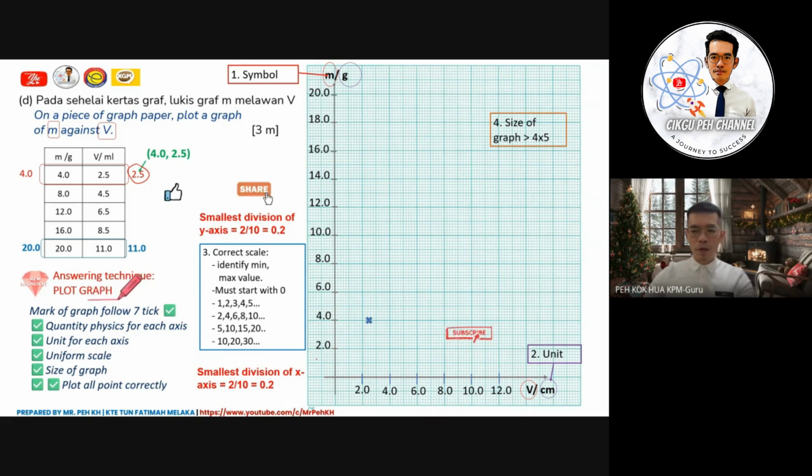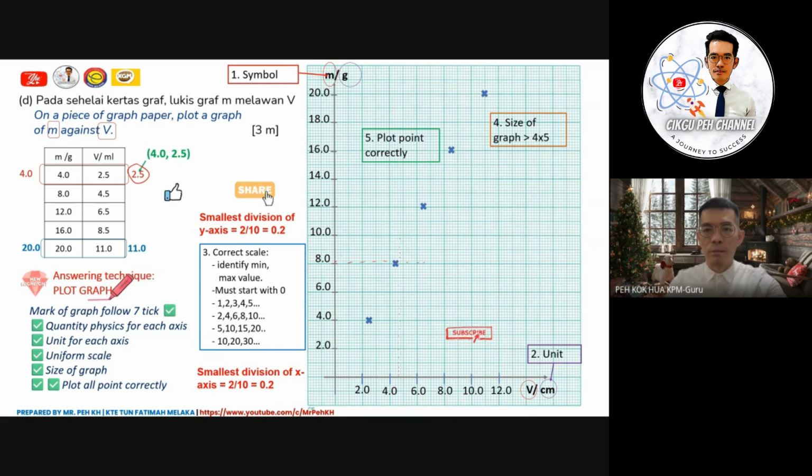The second will be 4.5 together with 8, so it will be around here, and then the other points also. If you are able to plot all the points correctly, you can get 2 ticks for this criteria. So this is criteria number 5.